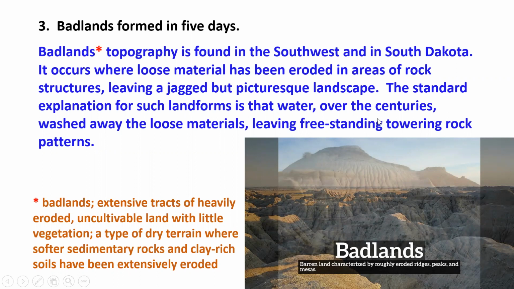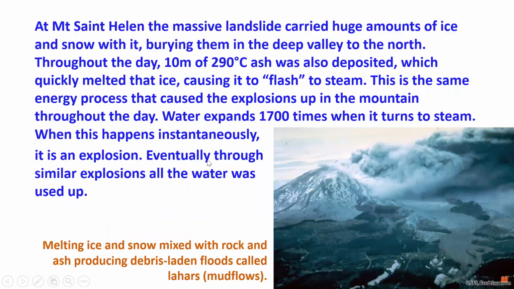All right, but not so in Mount St. Helens. The massive landslide carried huge amounts of ice and snow with it. Okay, so you have ice, snow, and you have hot. You have hot and you have cold, burying them in the deep valley to the north. Throughout the day, 10 meters of 290 degrees Celsius ash was also deposited.